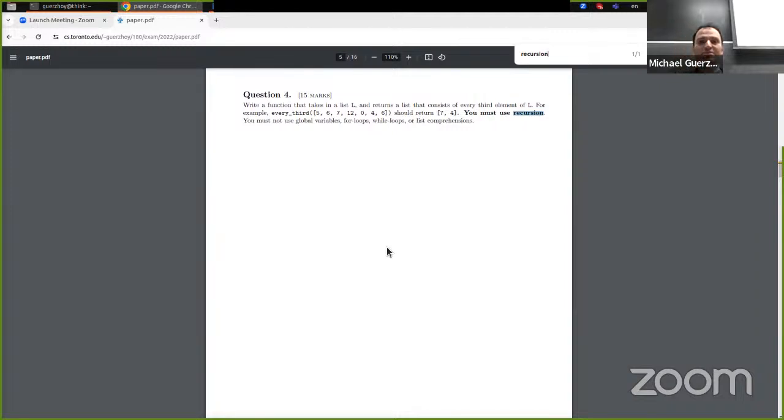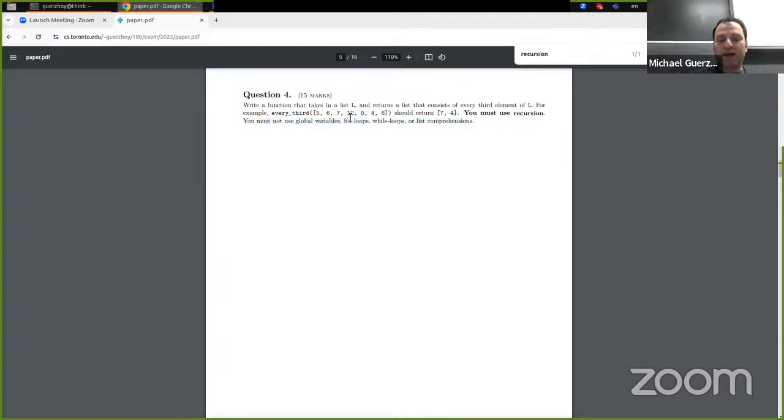Like how do you have a global? So basically, it says take a list and return it. In general, you don't need a global variable. Global variables are banned.